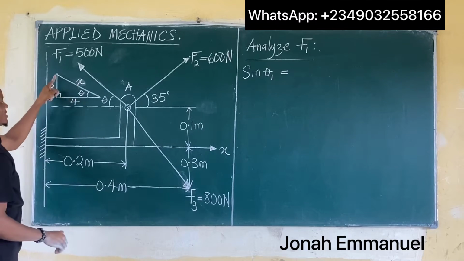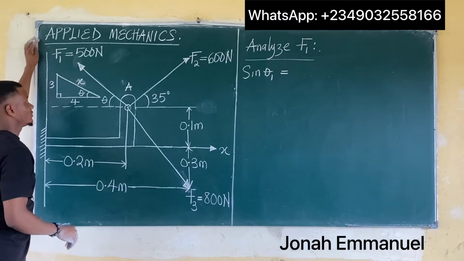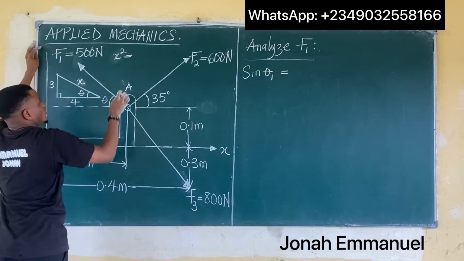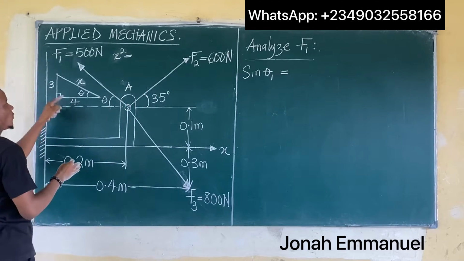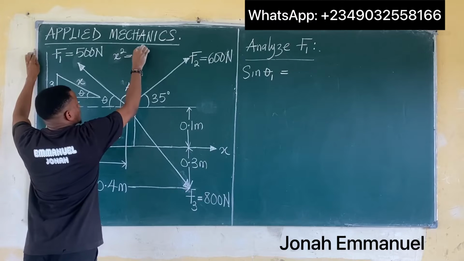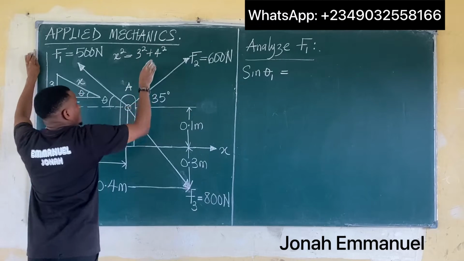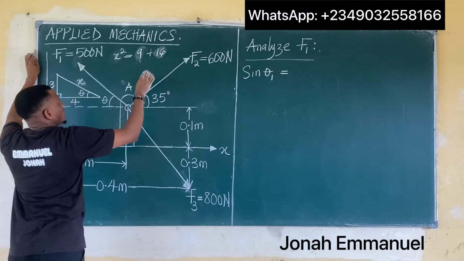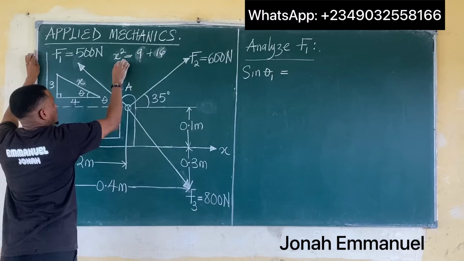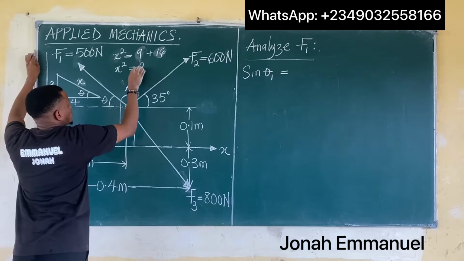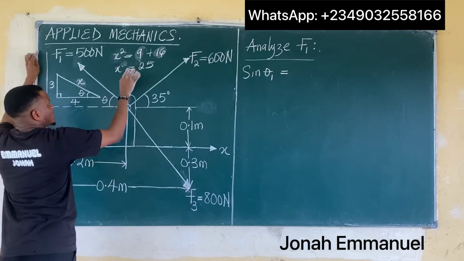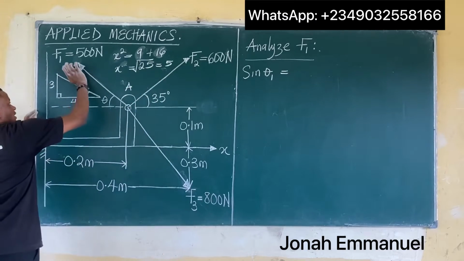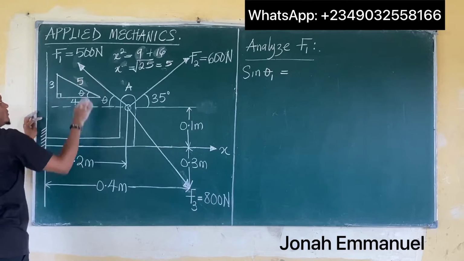Since this is a right angle triangle, the square of the hypotenuse is equal to the sum of the squares of the other two sides. That gives 3 squared plus 4 squared. 3 squared gives 9, 4 squared gives 16, so x squared is 25. So x is the square root of 25, which is 5. So this value here is 5 using Pythagoras theorem.